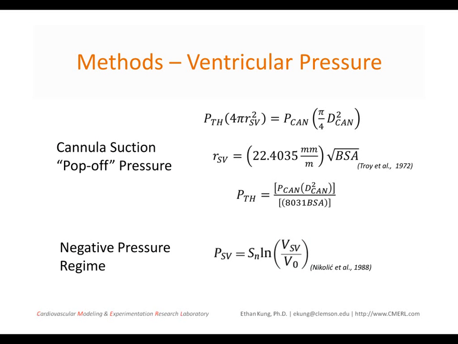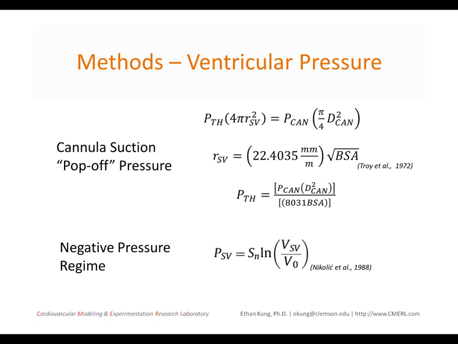Total occlusion occurs when the opposing wall of the ventricle is sucked onto the cannula head and makes direct physical contact. When this happens, some amount of ventricular pressure is required to pop off the cannula from the tissue. This pop-off pressure is related to the size of the ventricle, the pressure inside the cannula, and the diameter of the cannula.